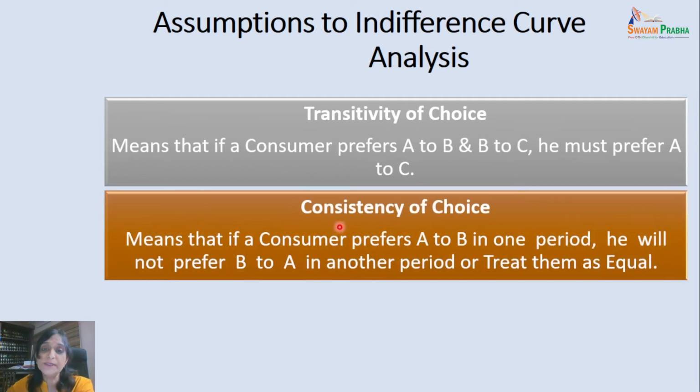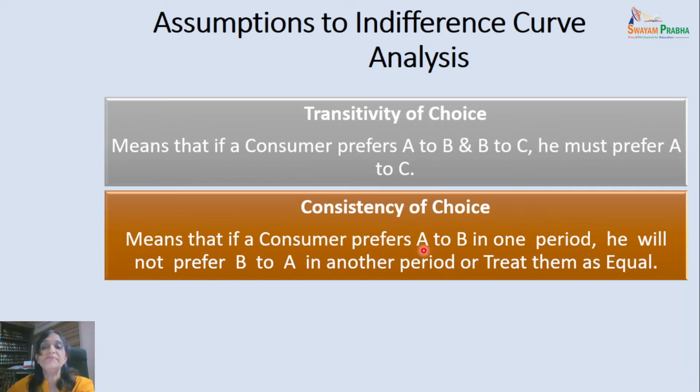Then another very important assumption is consistency of choices. That is, a consumer will remain consistent in his choices. His choices will not change. So if a consumer is saying, I prefer A to B in one particular period, then in no other period will he prefer B over A or B equal to A. For example, I say I like tea more than coffee.